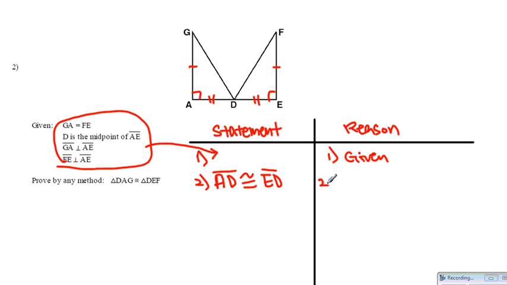And the reasoning behind that? Yes. A midpoint divides a line segment into two congruent parts.